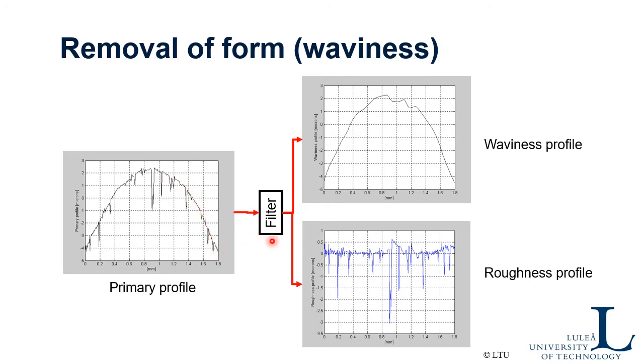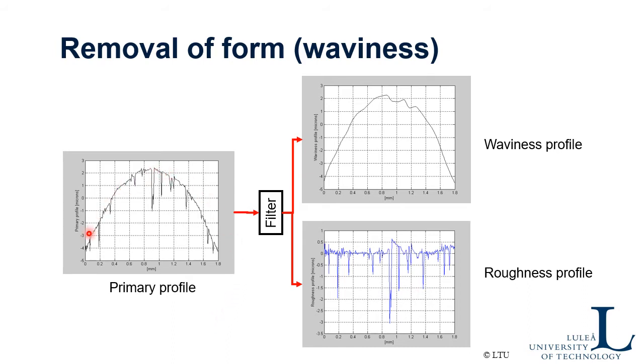There are different filters you can use, but in this case I just found some kind of average line describing this form and the waviness, and I simply removed that form from the original primary profile, and you got a roughness profile. This is what the typical stylus instrument is doing too.